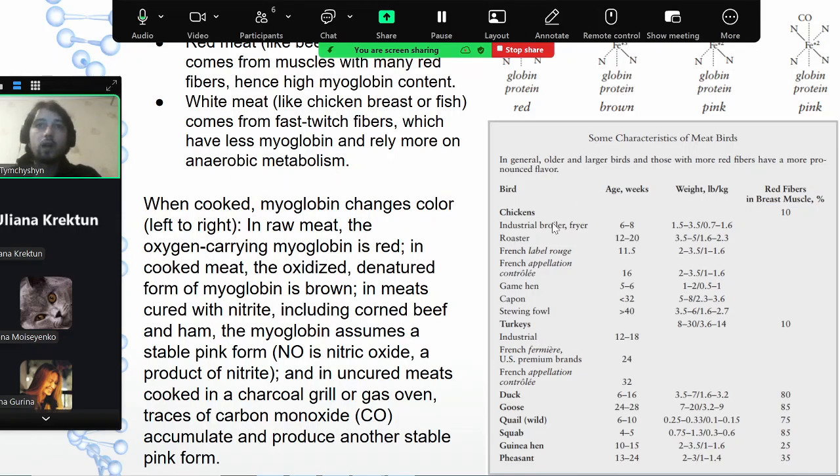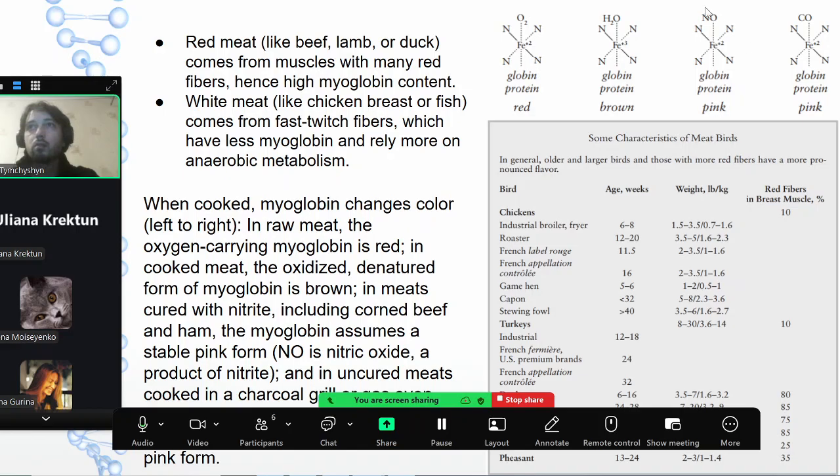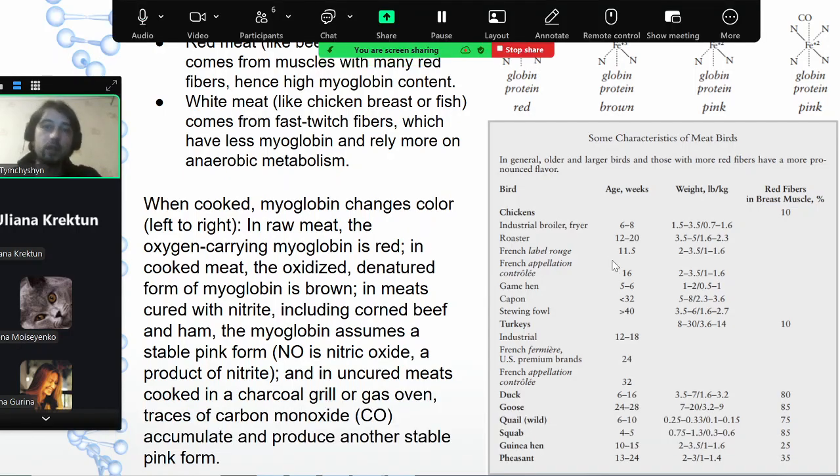If meats are cured with nitrite, including corned beef and ham, the myoglobin assumes a stable pink form. Here is an example of that pink form. So NO, that's nitric oxide, a product of nitrite.